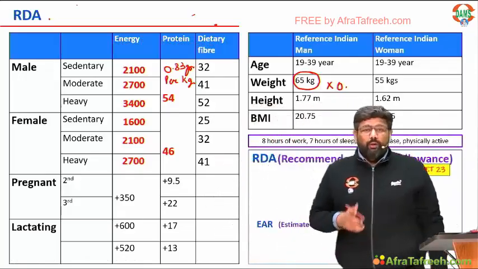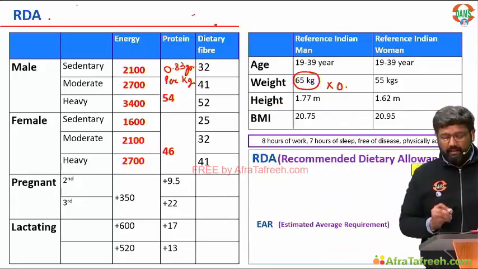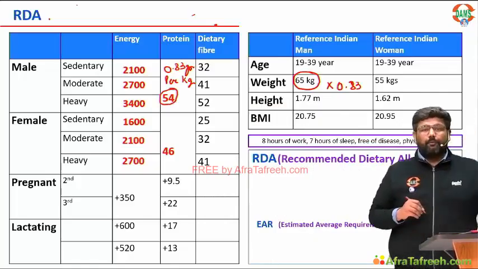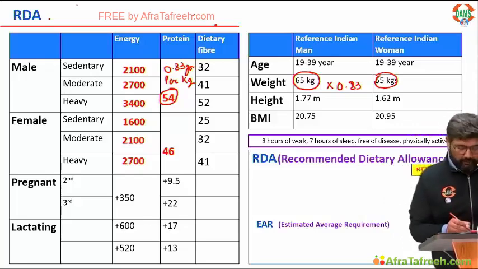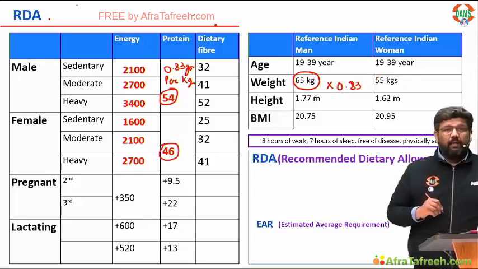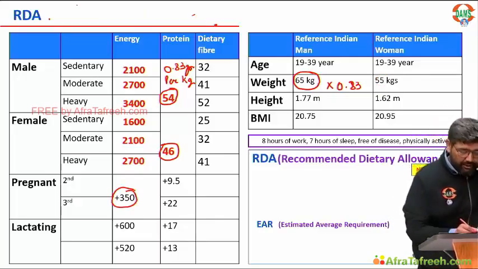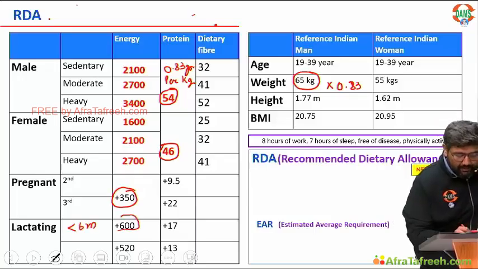So guys, I was telling you one very important point. A 65 kg man, if you multiply with this 0.83 gram, the requirement will be 54 gram of protein. If you multiply a 55 kg with 0.83, you will get 46. In pregnancy, plus 350 kilocalorie. In lactation less than 6 months, plus 600.